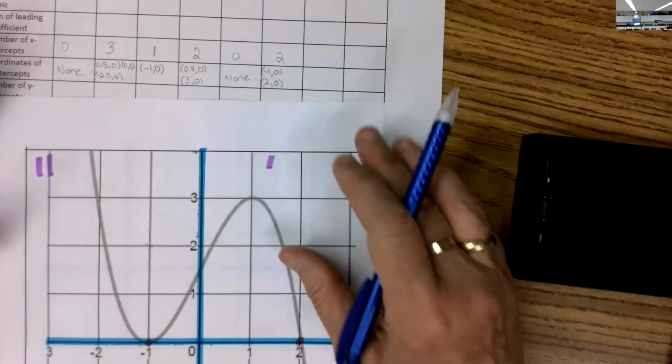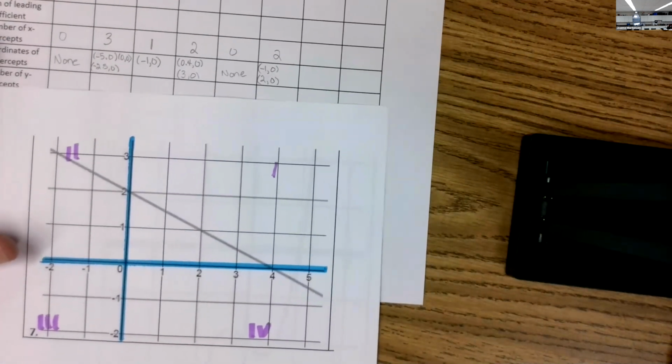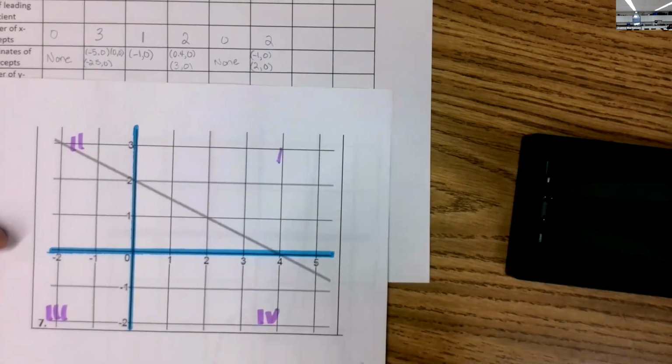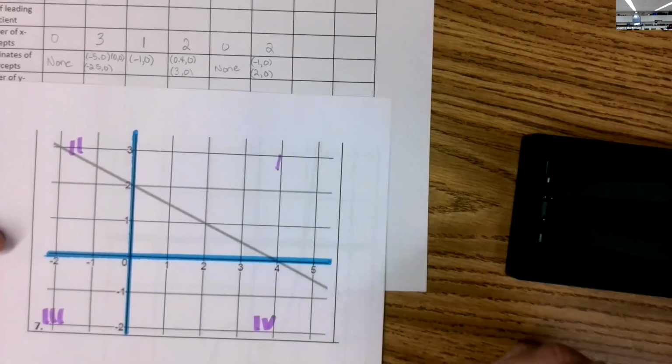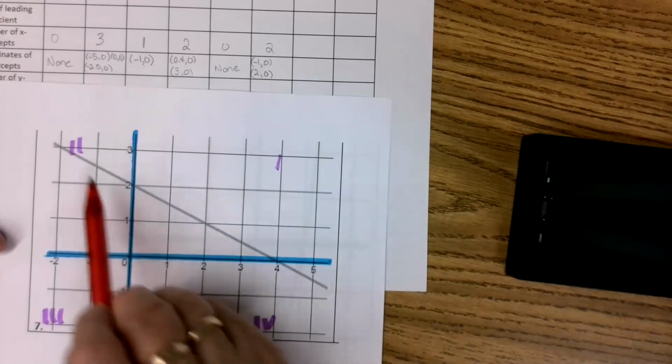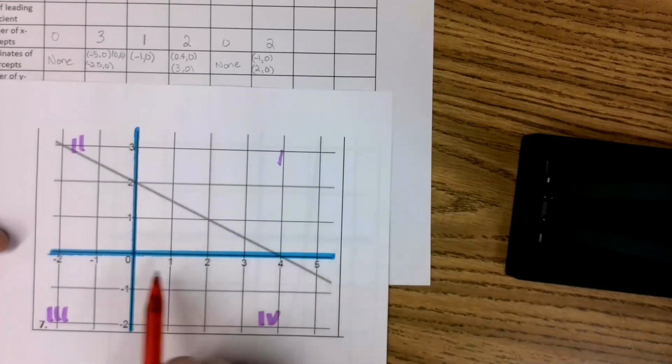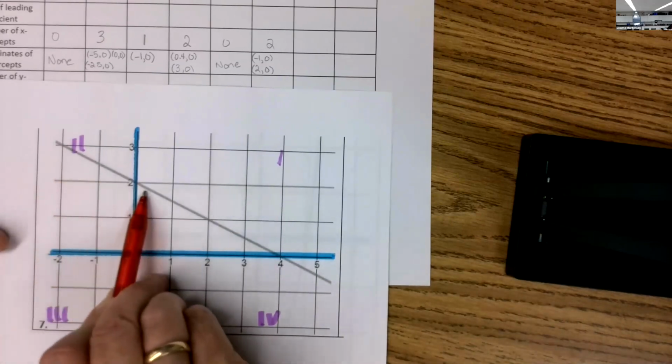All right, number 7. Jose, are you there? Yep. Okay, how many times does my line cross the blue one? This is the line I'm caring about.